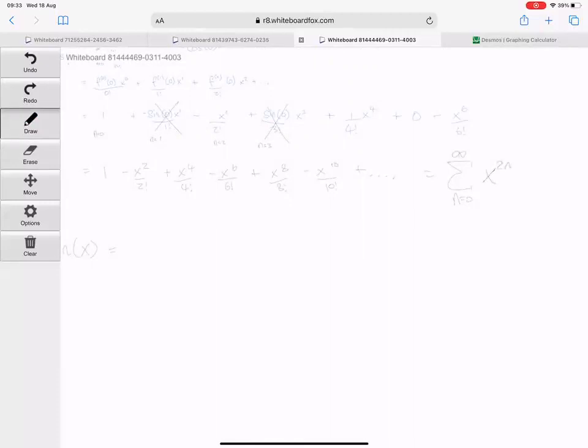The 2n just picks out even powers. x to the power 2n over 2n factorial. And then we need every minus 1.